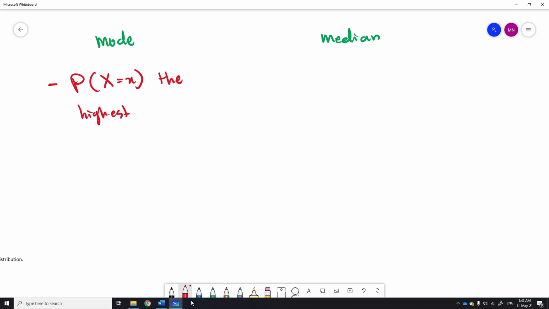And the median, for a discrete probability distribution, is the value m where the probability of x less than m is less than or equal to 1 over 2, and the probability of x bigger than m is less than or equal to 1 over 2.